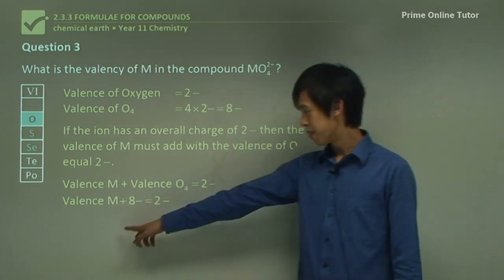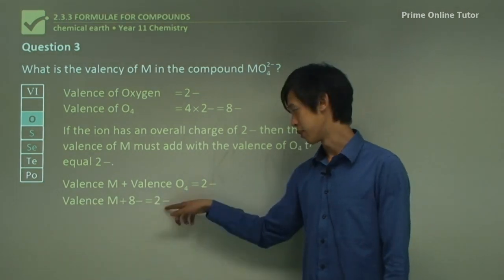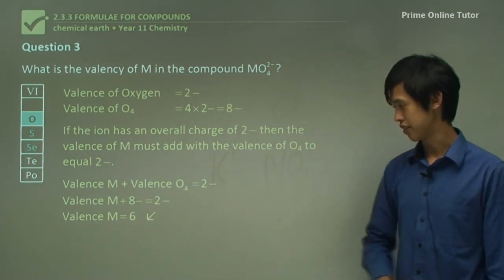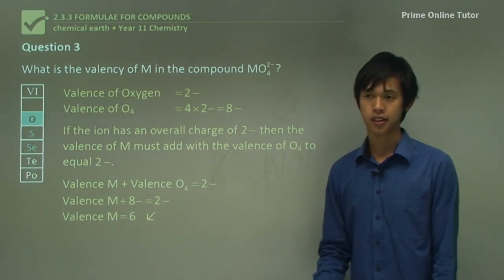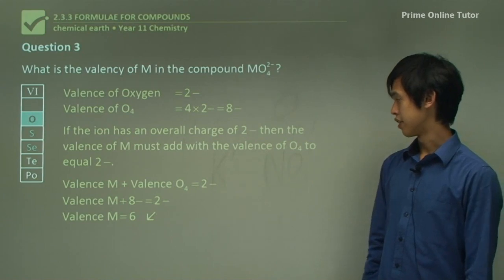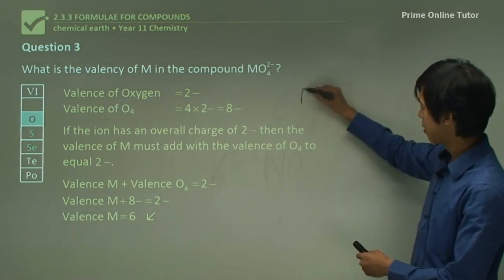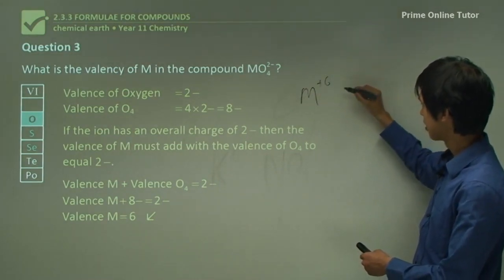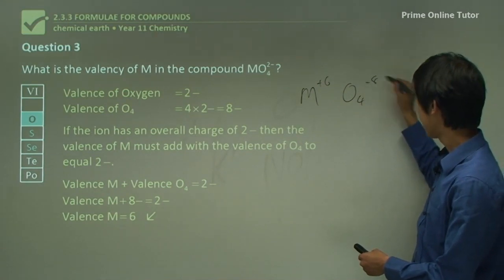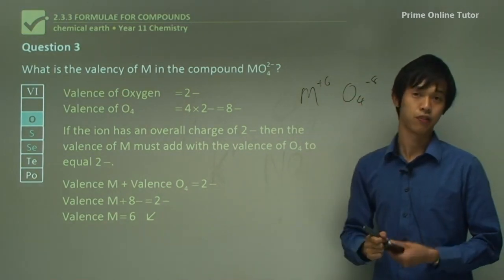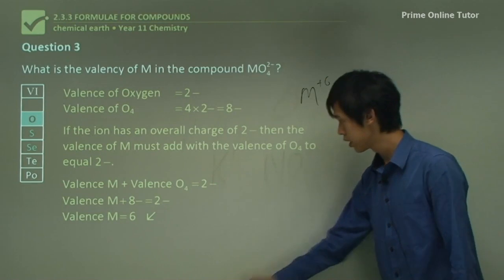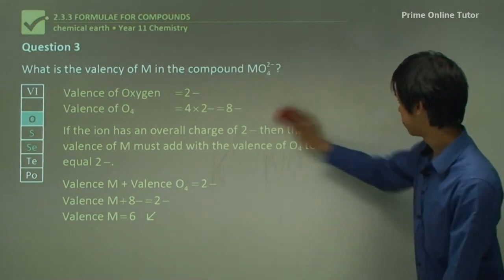So the valence M plus 8- equals 2-. And so the valence of M must be 6, okay? Plus 6. So let's have a look. M plus 6, O4 -8, and if you do the maths, you'll get -2, okay? And that's how you work it out.